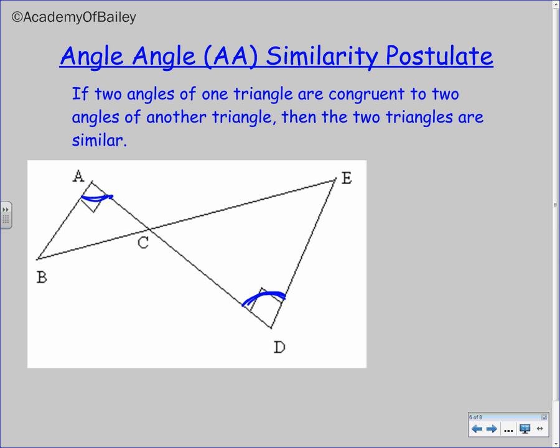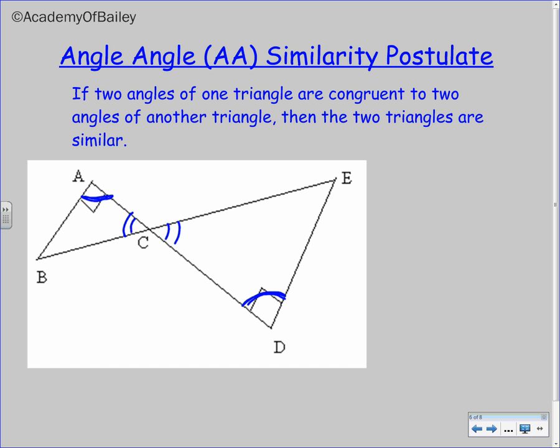So we know angle A in the small triangle is congruent to angle D in the large triangle. What's the other one? It's almost like finding Waldo. Where's Waldo? Right there. Angle ACB is congruent to angle ECD.